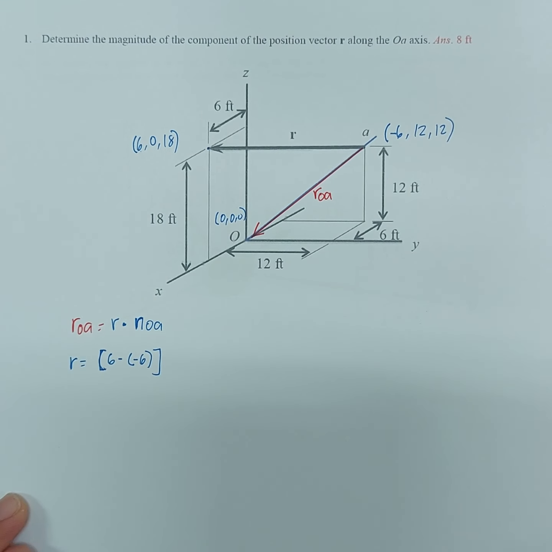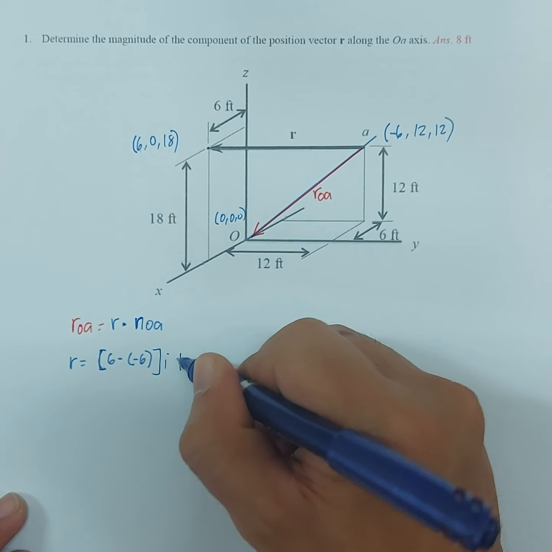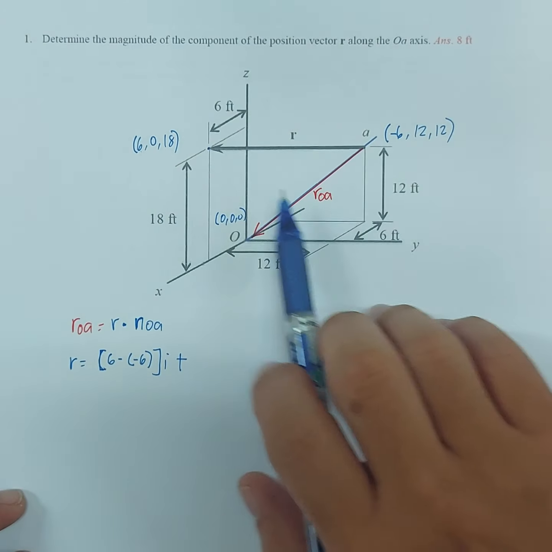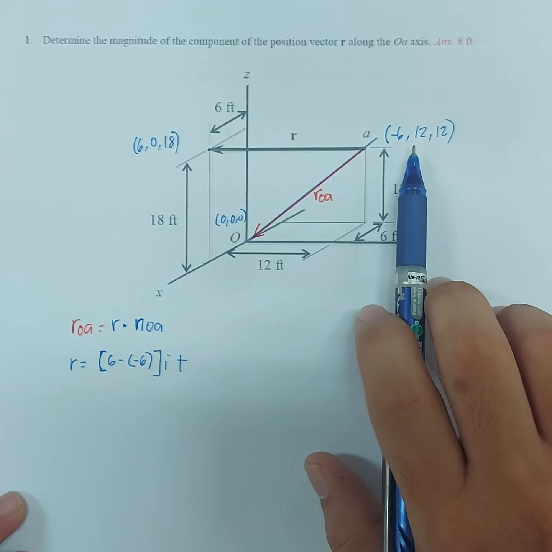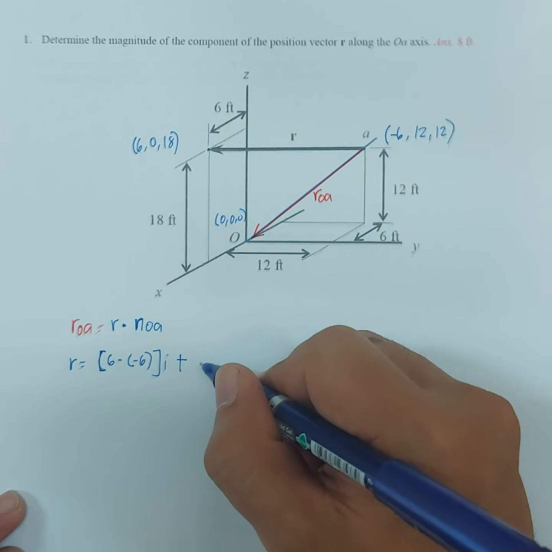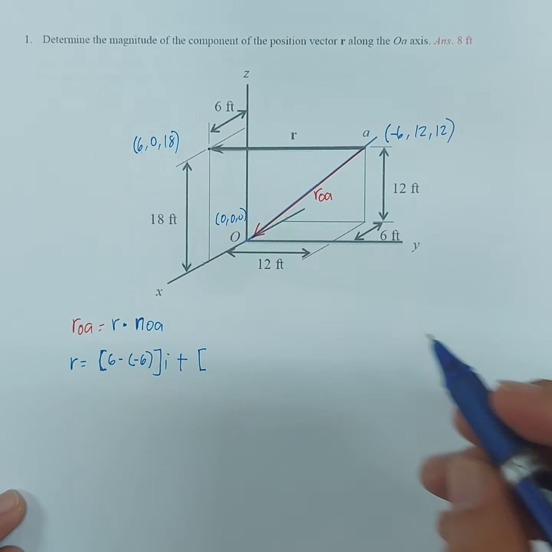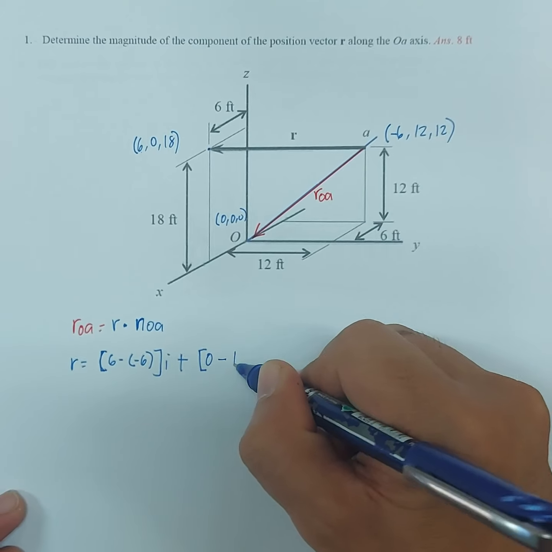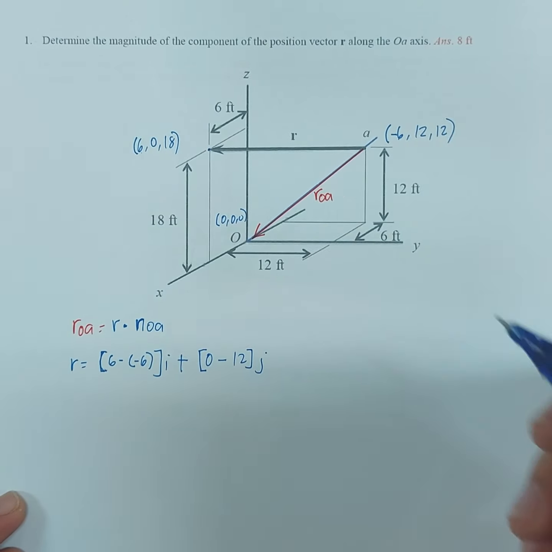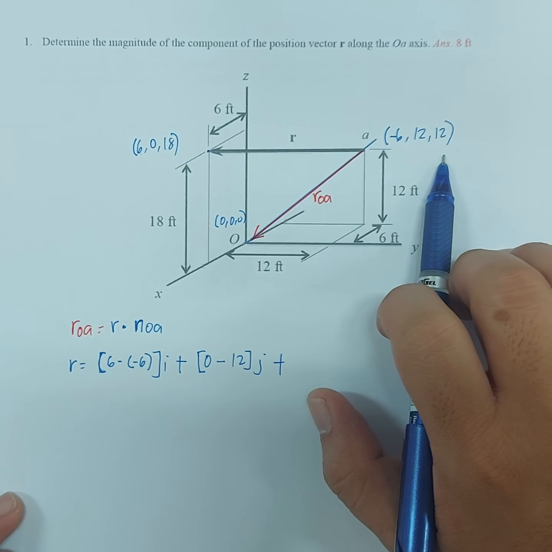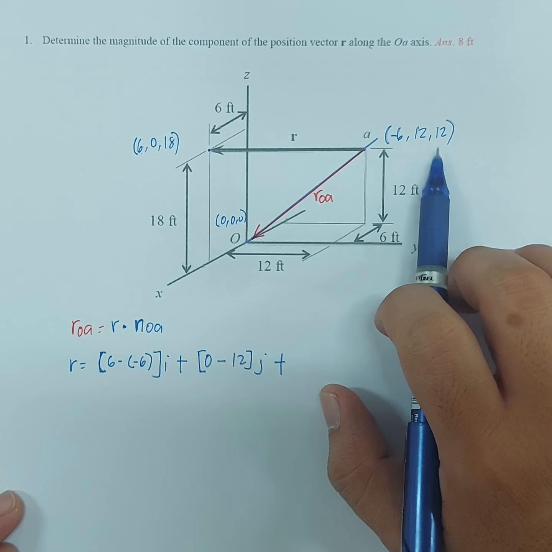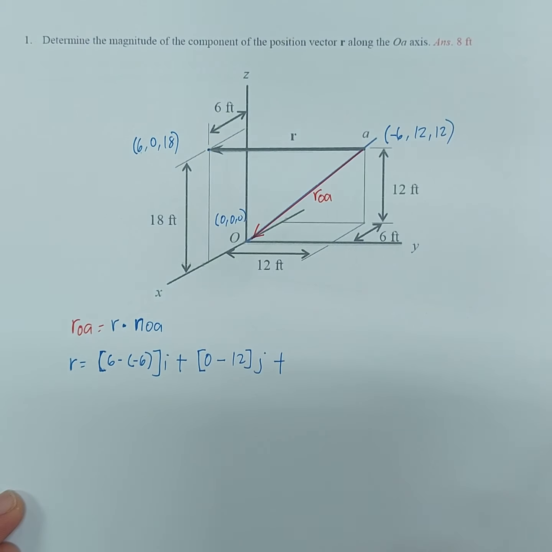Okay, i plus 0 minus 12. So 0 minus 12, that would be minus 12j, plus 18 minus 12. So 18 minus 12.